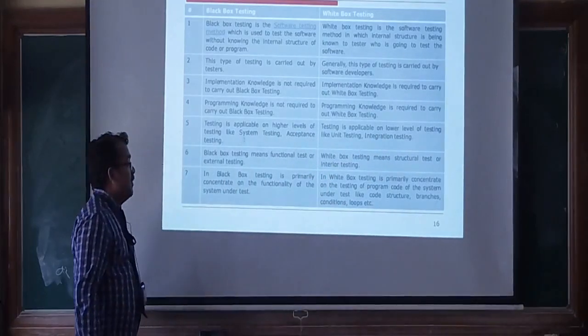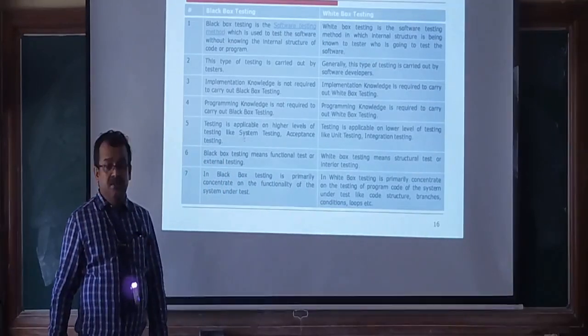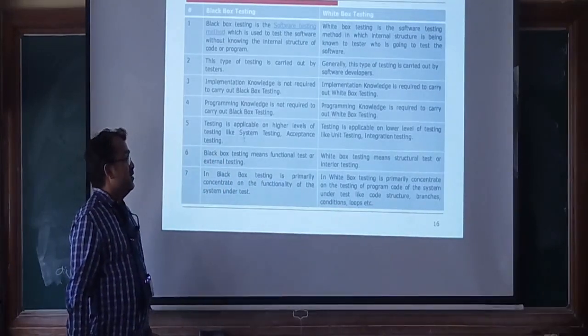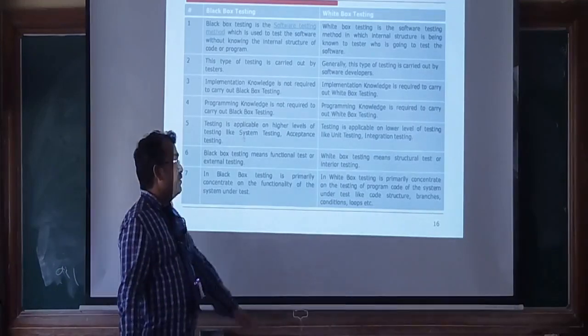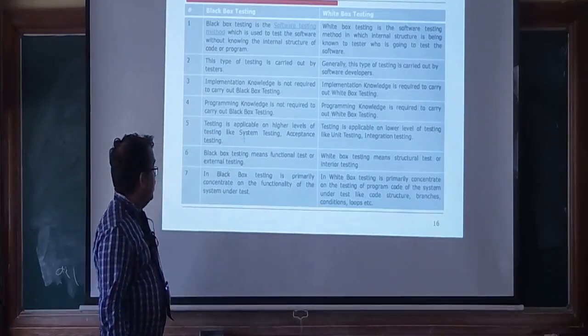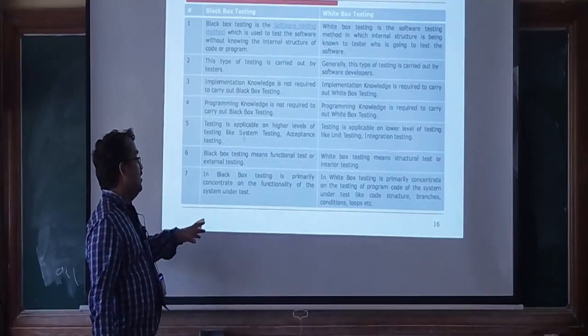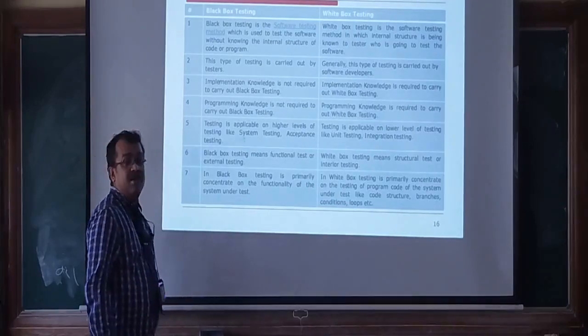Black box testing means the functional test or external testing. White box testing means the structural test or interior testing. Black box testing primarily concentrates on the functionality of the system under test.